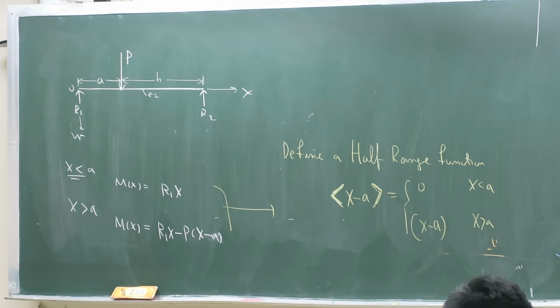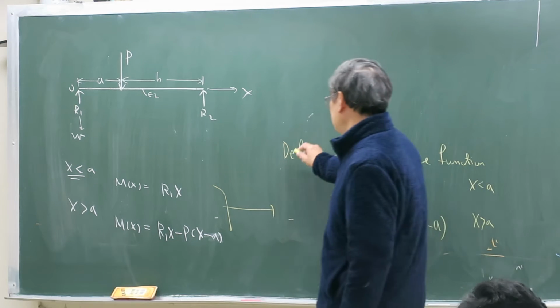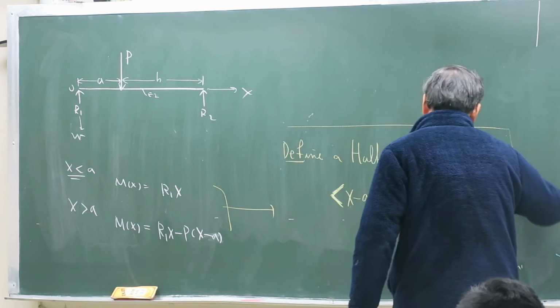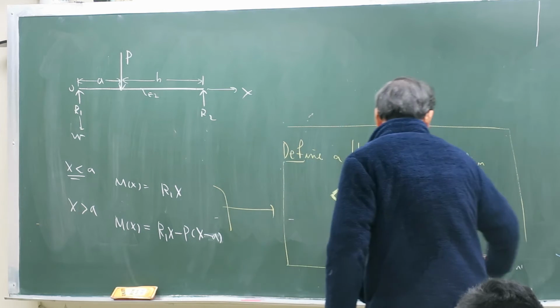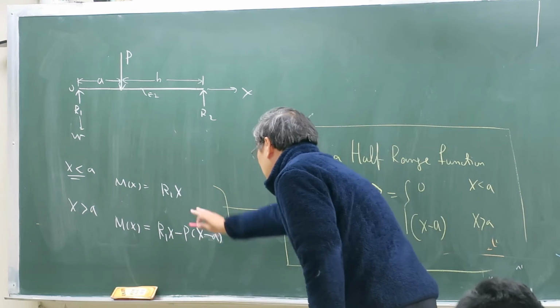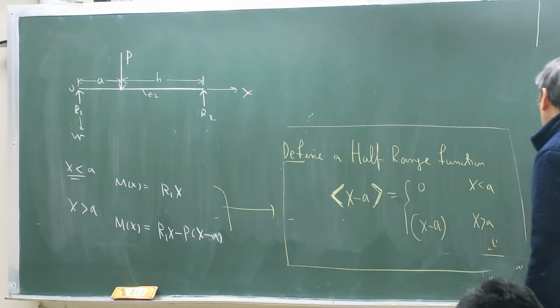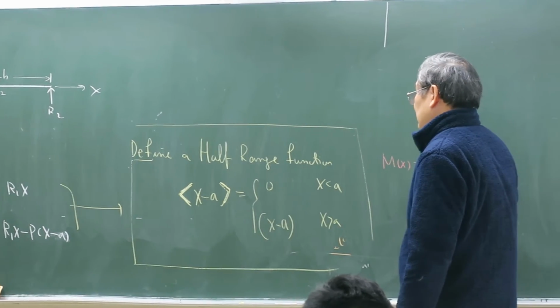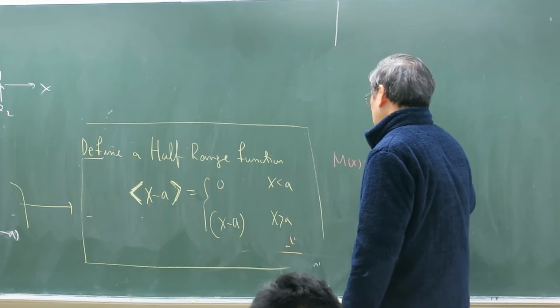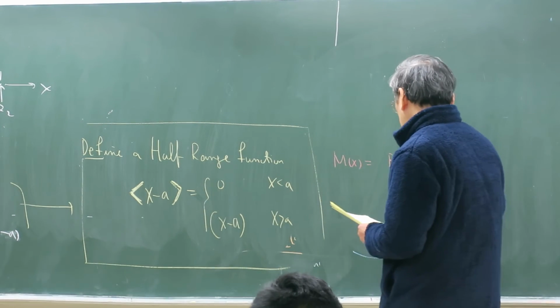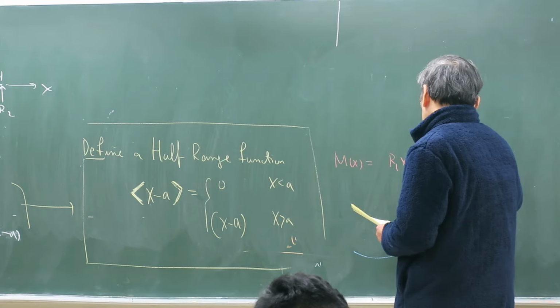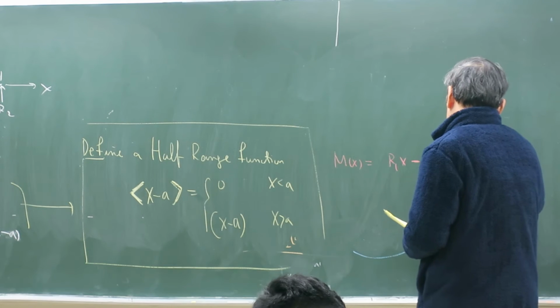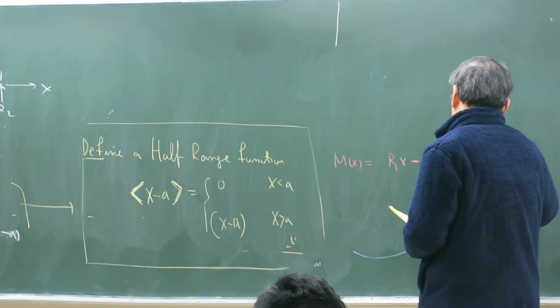Okay? So if we define a function like this, then the moment of this problem can write as R1x minus p bracket x minus a.